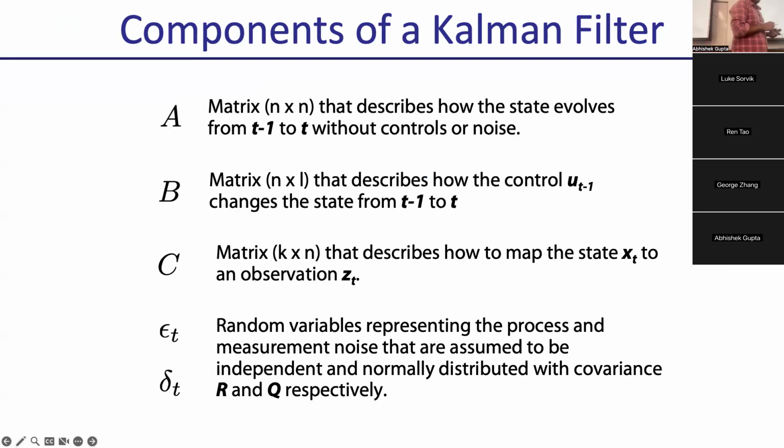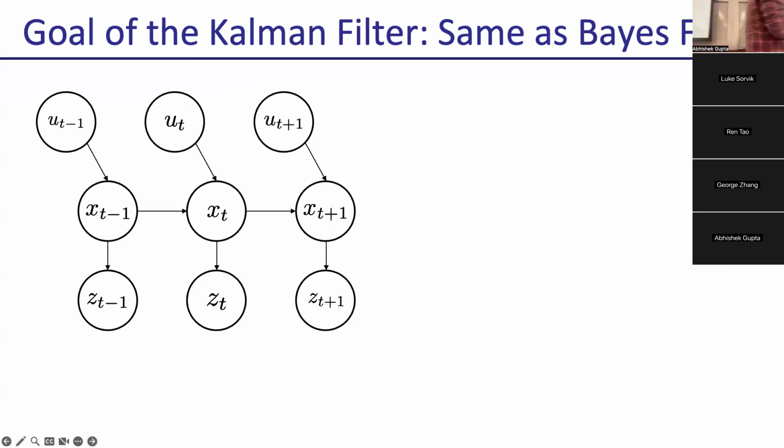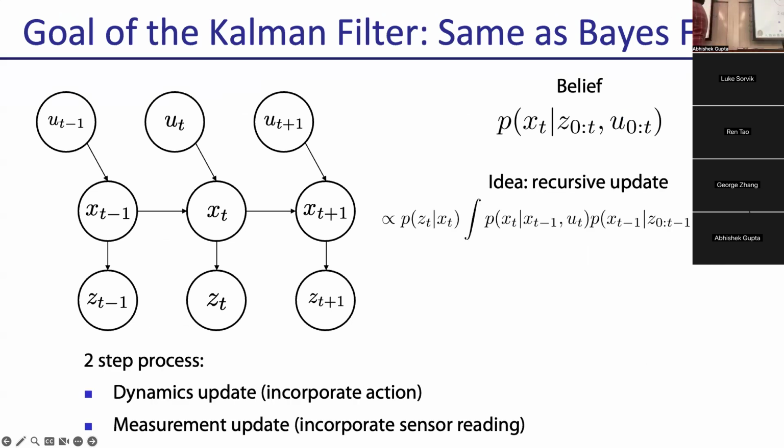Okay, so if you ever want to look back at these, I have a cheat sheet on the slides. The goal of the Kalman filter is the same as the Bayes filter, right? You have a belief that you're trying to estimate, Xt given u 1 to t and z 1 to t. You're trying to do a recursive update, where you have a measurement model and a motion model, and you propagate things recursively.